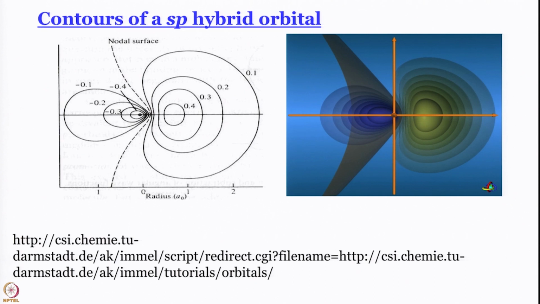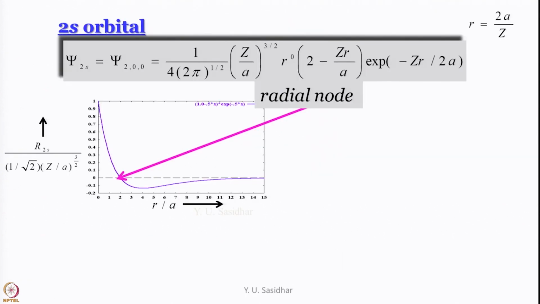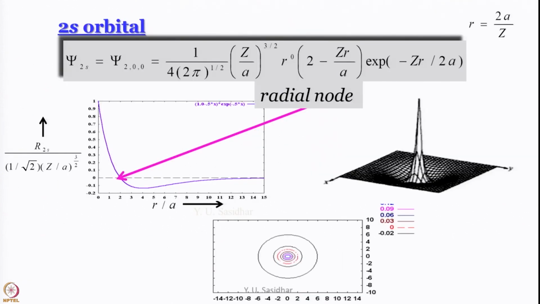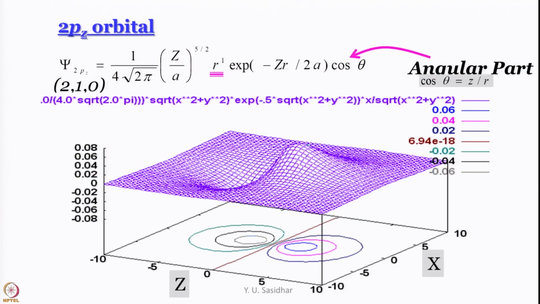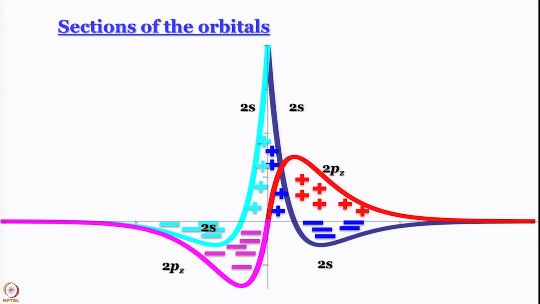and then we said that if you look at the shape of the 2s orbital, 3D shape, and the 2p orbital, 3D plot, take sections, it becomes clear that in the immediate vicinity of the nucleus it is the sign of the 2s orbital that takes precedence.